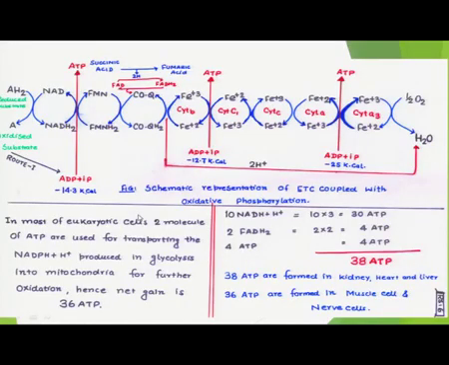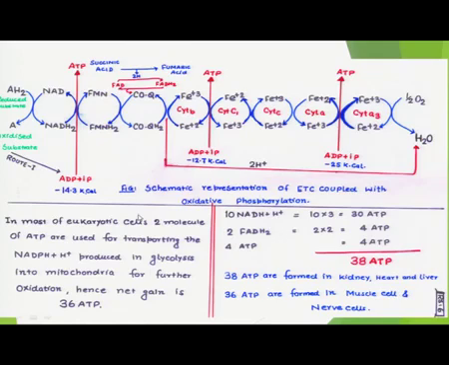Now, this is the same thing. Here you will find that there are two pathways of electron transfer. One we have already written here, that is route 1. These are the route 1 stages. In route 1, the reduced substrate, that means NADH plus H plus and FADH2, these are the reduced substrates. They transfer their electron and proton to the NAD.